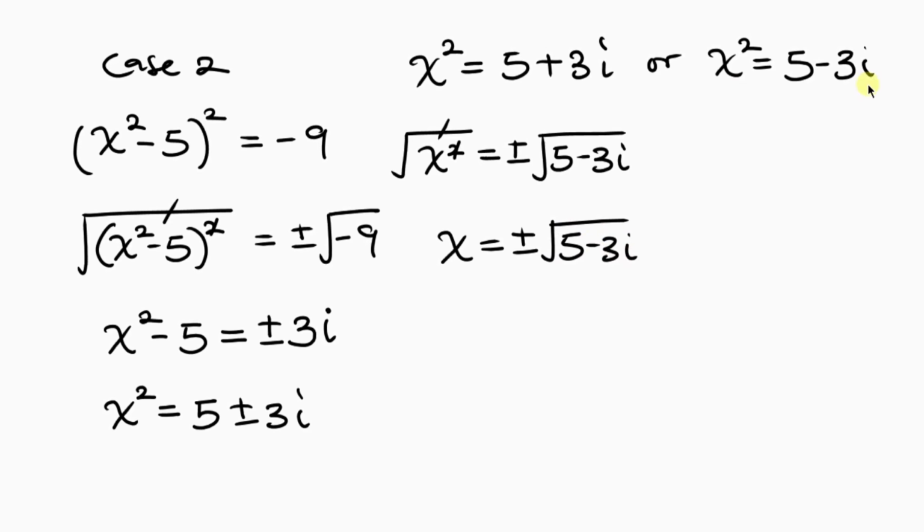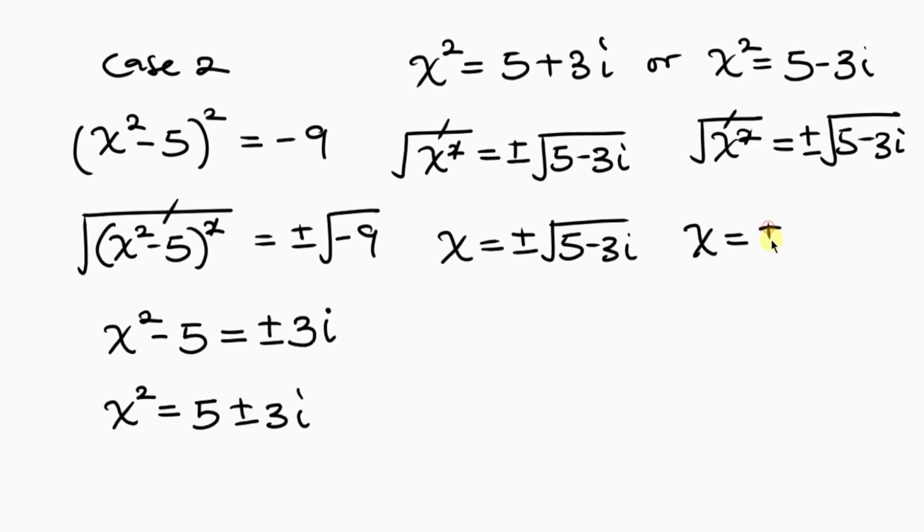Now on this other case, we have to get rid of this square by taking the square root of both sides. This is equal to plus or minus the square root of 5 minus 3i. Now notice that this square root cancels out the square, leaving behind x to be equal to plus or minus the square root of, well, I have minus here instead, 5 minus 3i. So there are 4 values of x from here as well.